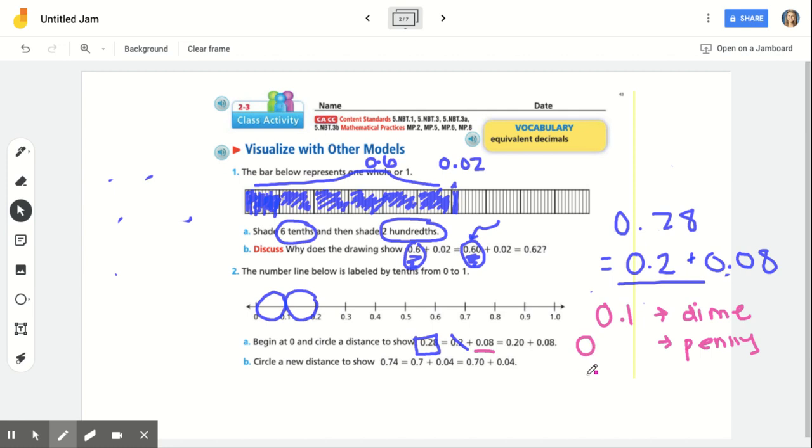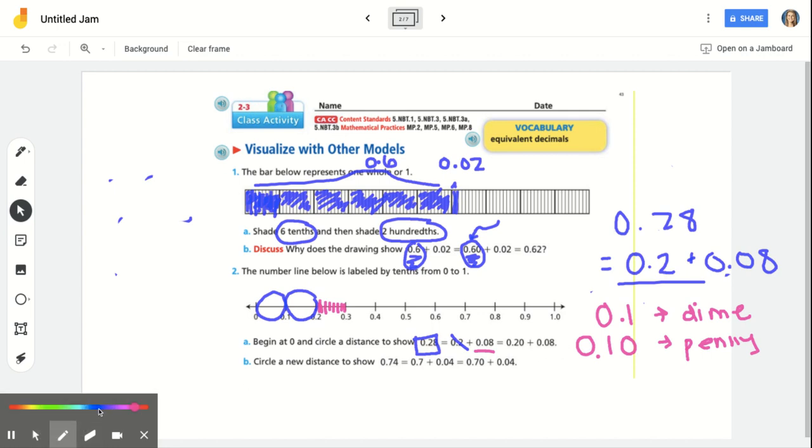How many pennies are there in 1 dime? 10. So what I'm going to do is exchange my 1 dime for 10 pennies. Or in other words, in number line form, I'm going to take my 1/10 and split it up into 10 other pieces. And my pen is really too thick for this. So with your pencil, carefully between 2/10 and 3/10, split your tenth into 10 pieces.